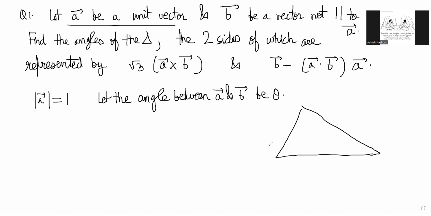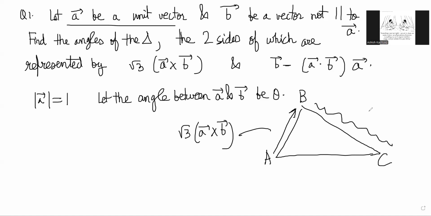Let's say ABC is my triangle, and this vector AB is root 3 times A cross B, and the vector BC is given by this, B minus A dot B times A, right?